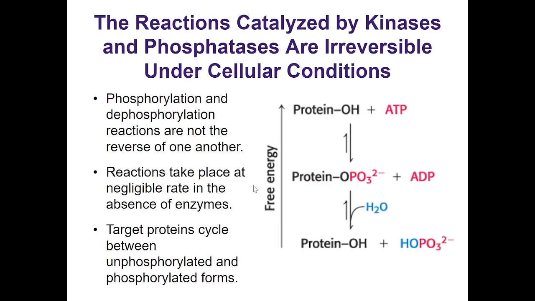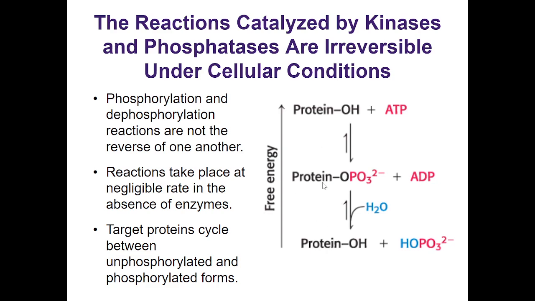These reactions take place at negligible rate in the absence of enzymes. They're very, very slow. And so we can mostly ignore those for physiological purposes when we're talking about them going backwards. And this is because of the free energy here and the activation energies of these. The target proteins will cycle between unphosphorylated and phosphorylated forms. That's what this causes.